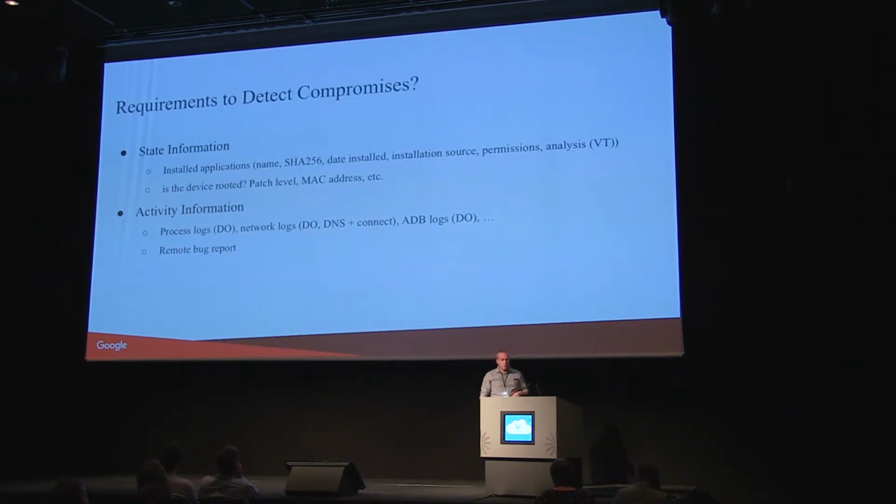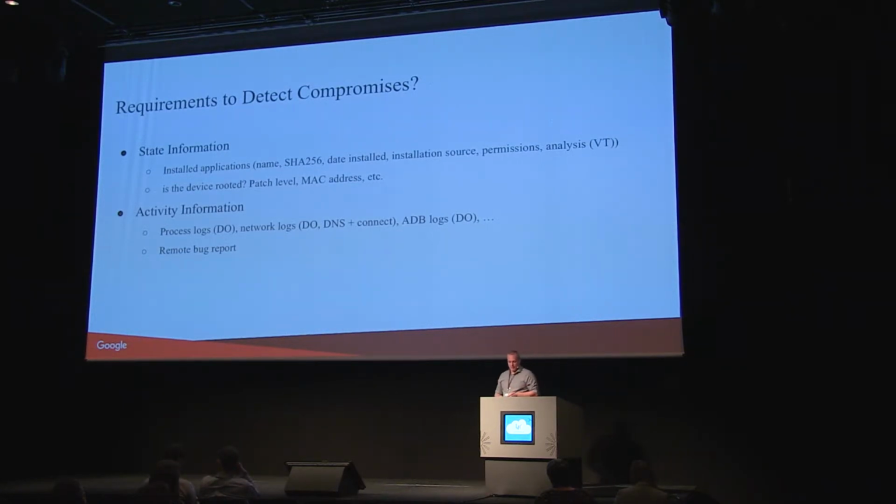So what do you really need to detect a compromise? Especially on mobile devices, there isn't really any kind of magic per se. Many of the same principles apply for mobile devices as in any other platform. You need some sort of state information about the device, and you need activity information to base it on.